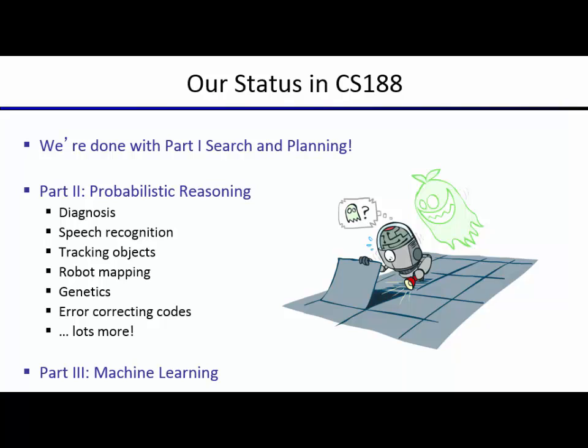A big part of that was that there wasn't a good formalism at the time to deal with uncertainty. Probability, of course, is a way to deal with uncertainty, but at the time, the computational mechanisms didn't exist to do these probabilistic computations that you need to deal with uncertainty when there's uncertainty about a lot of different things that you're considering. And so in this part 2 we'll start looking at how to do probabilistic reasoning.